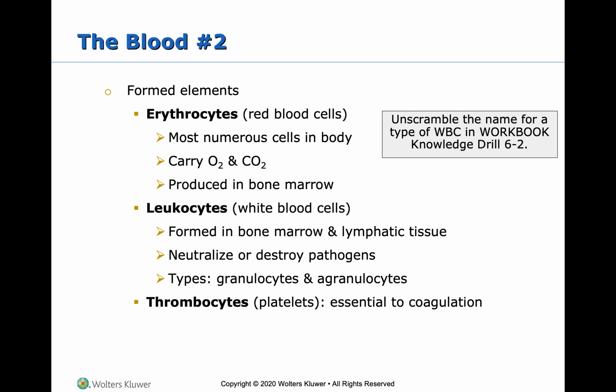That's why there's so many different types of autoimmune disorders, because they can have certain leukocytes that are attacking certain things. So, for example, your basophils release histamine and heparin, which enhance the inflammatory response.